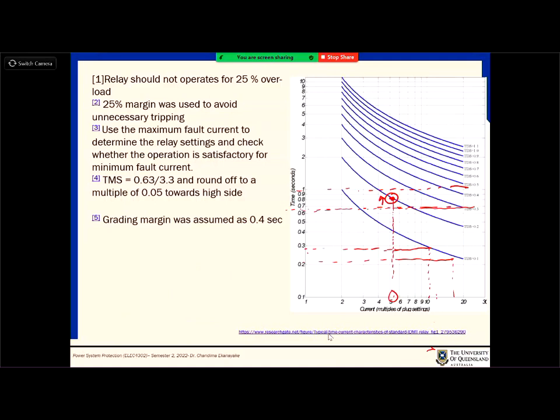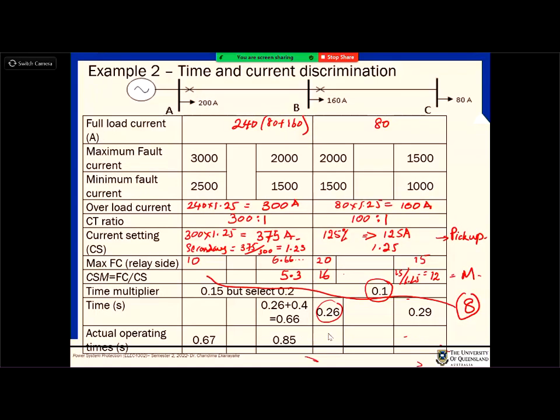Okay, since this point is a good point, this is the characteristic for relay A, right? So now I define it as the point for the relay.